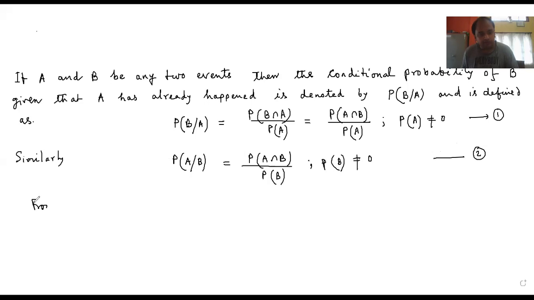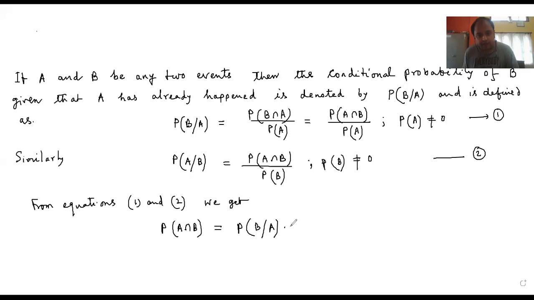So from equations 1 and 2, we get probability of A intersection B is equal to probability of B given A into probability of A, or probability of A intersection B can also be written as probability of A given B into probability of B. So this formula can also be written in the following way.